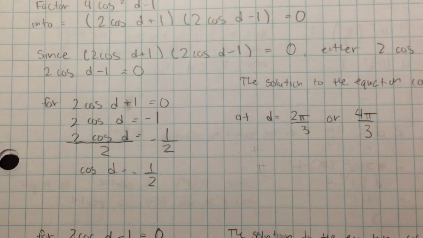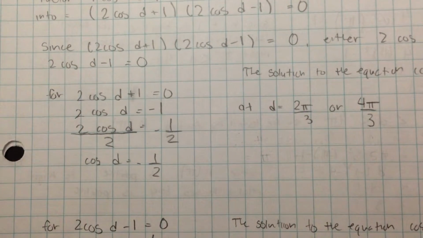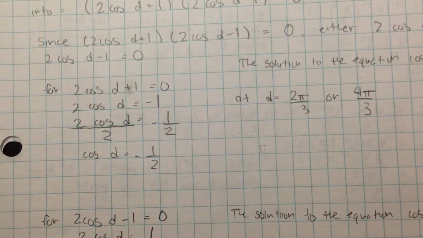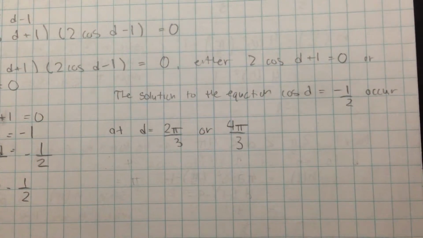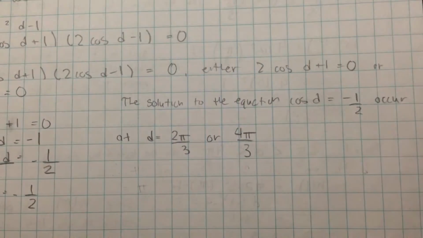So 2 cosine d equals negative 1, and that means cosine d equals negative 1 over 2. The solution to the equation cosine d equals negative 1 over 2 occurs at d equals 2 pi over 3 or 4 pi over 3.